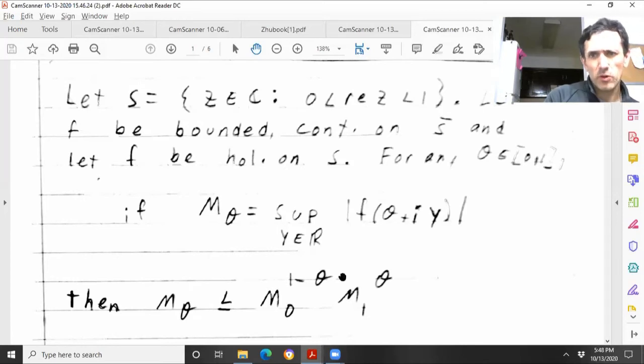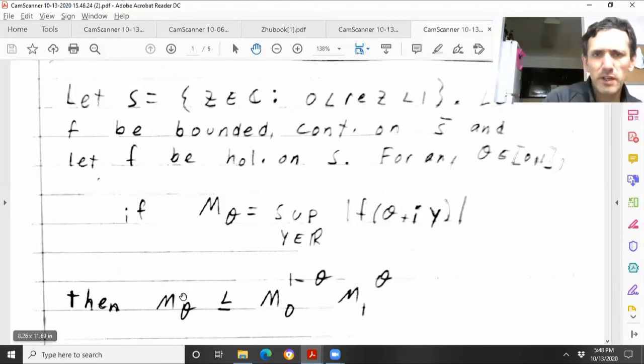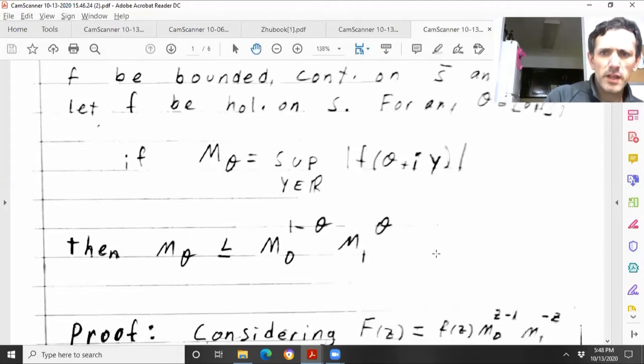So M0 corresponds to the line where the real part is 0, and M1 corresponds to the line where the real part is 1, that other boundary line for S. Okay, so how do we prove this?